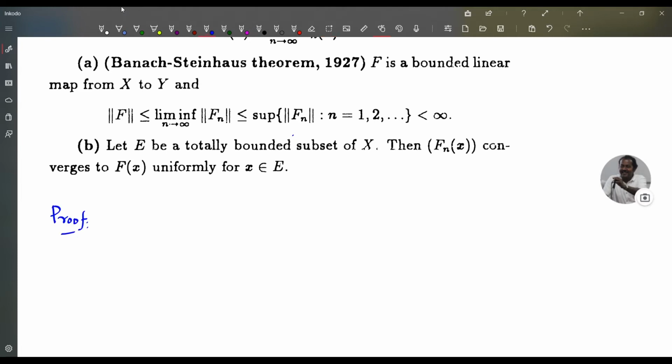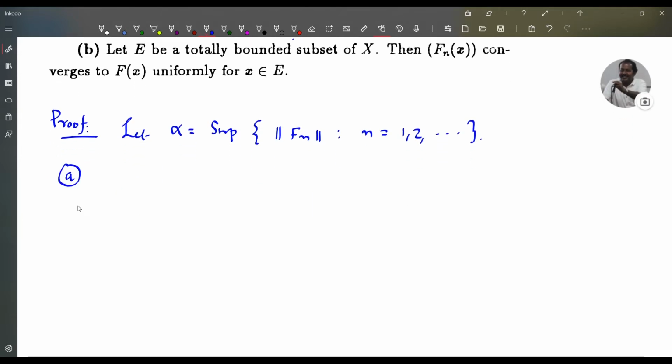Proof. Let alpha be equal to the supremum of norm fn such that n equal to 1, 2, etc. A. We have f is linear.